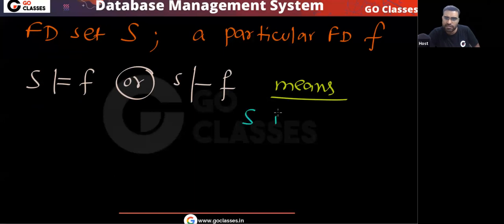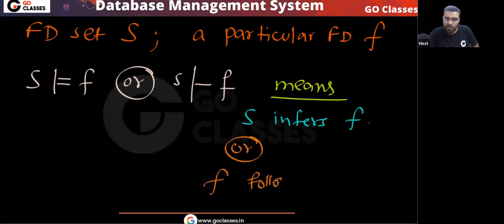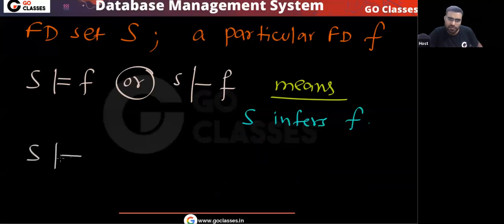It means that F is inferred from S. I can say S infers F, or F follows from S, or F is inferred by S. All these things are the same. Very simple.